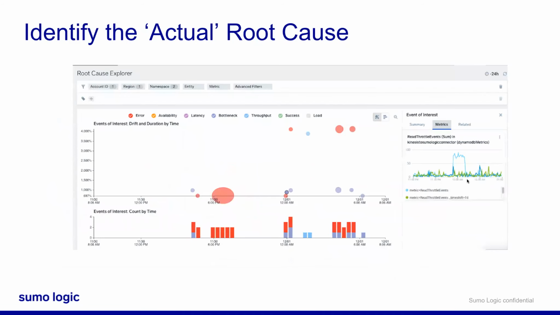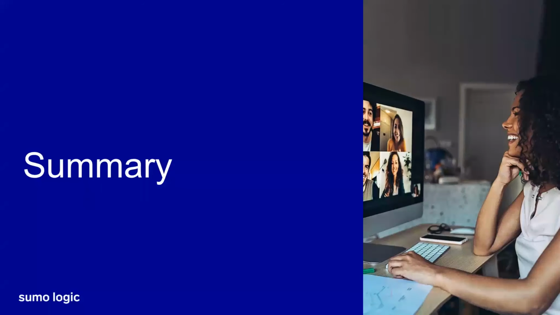And the actual root cause is, once again, that read throttle events had spiked due to the incorrect provisioning. The system showed us all that, and we didn't really have to do any querying or typing. We just pointed and clicked, and the system was able to drill in utilizing that root cause explorer.